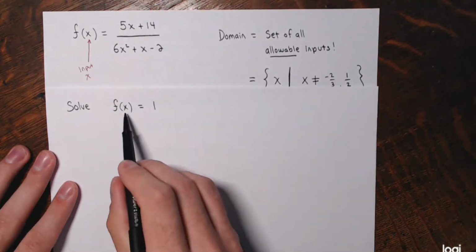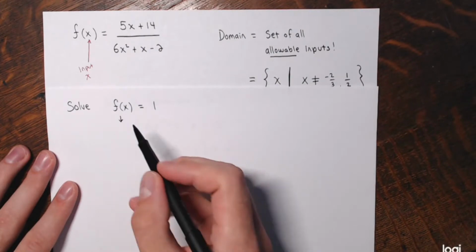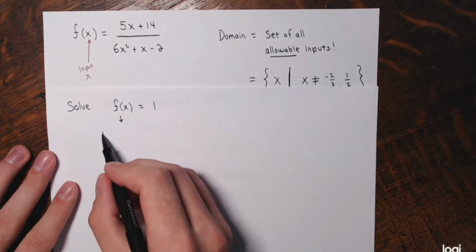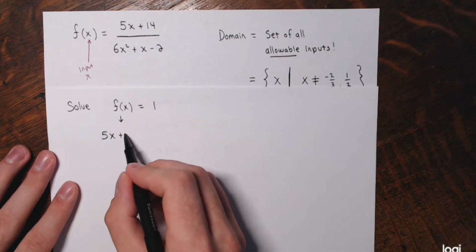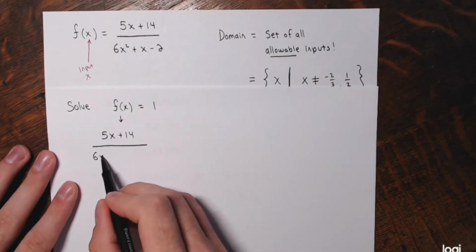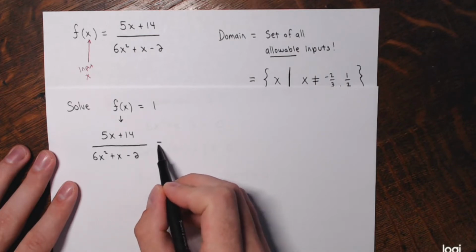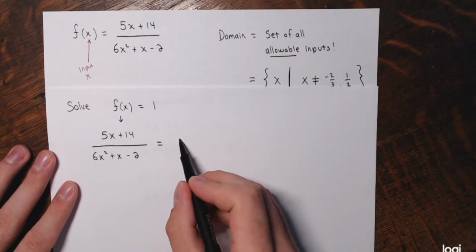Well, what was f of x? They gave us the rule for it. That's right here. So this f of x on the left side of the equation is 5 times x plus 14 in the numerator over, and then 6x squared plus x minus 2 in the denominator. And then I have equals 1 on the other side.